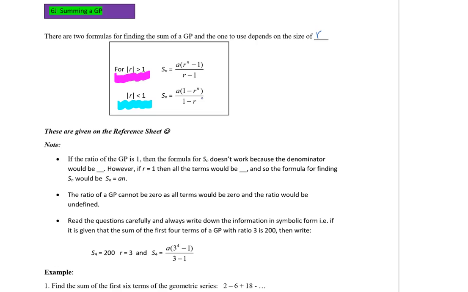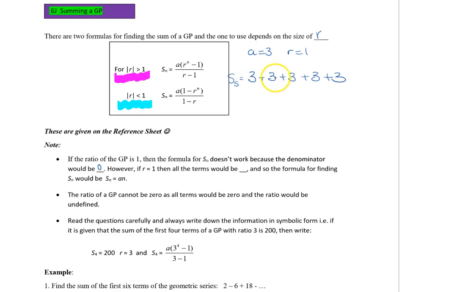No, that's not correct, because if we had our GP as this situation here, where a is equal to 3 and r is equal to 1, this is what we're considering, then the series would look like, for the sum to 1, 2, 3, 4, 5 terms, the sum to 5 terms would actually look like that.